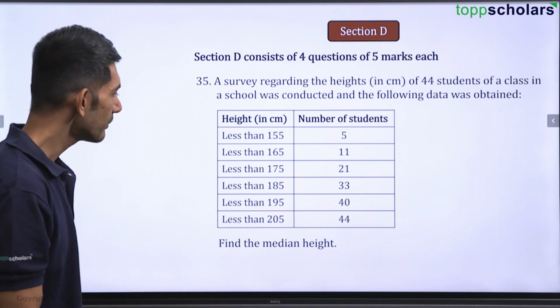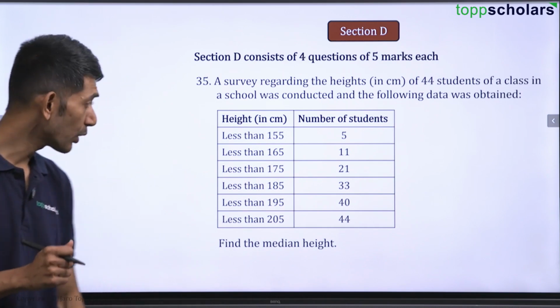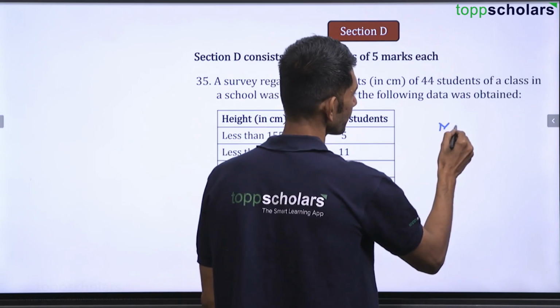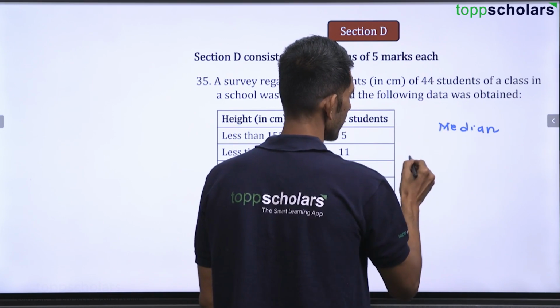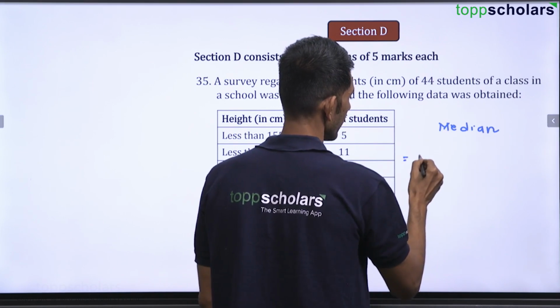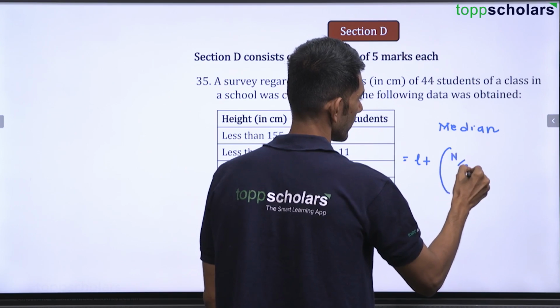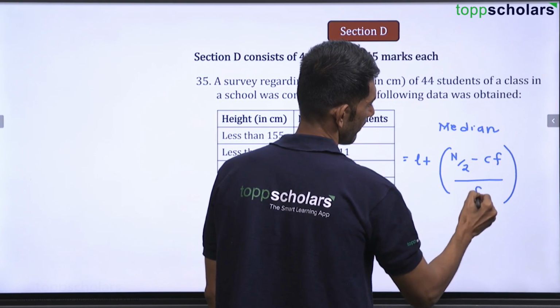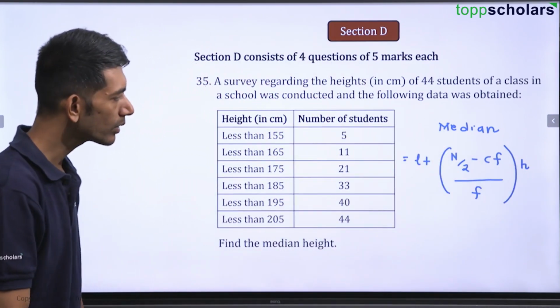Okay. So always remember, whenever we find out the median, we need certain values, right? And I hope you remember the formula to find out the median. What is median given by? Median is given by L plus (n by 2 minus Cf) by F into H. This is the formula, right, to find out the median.